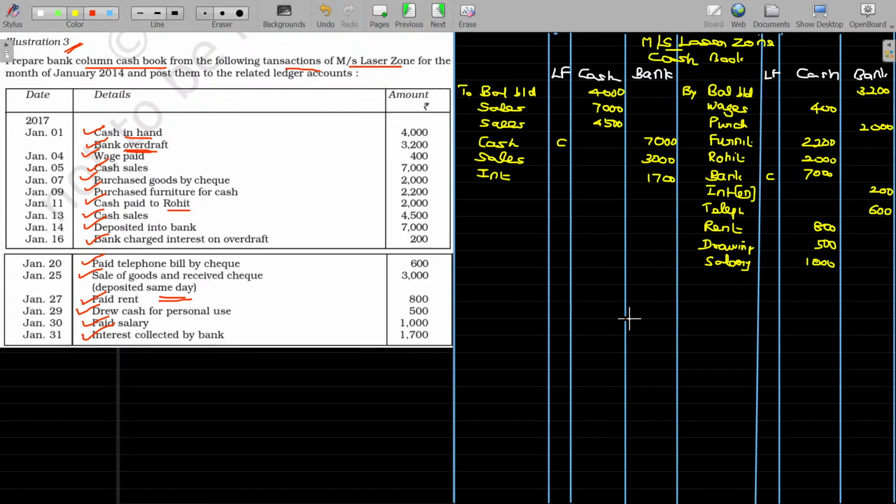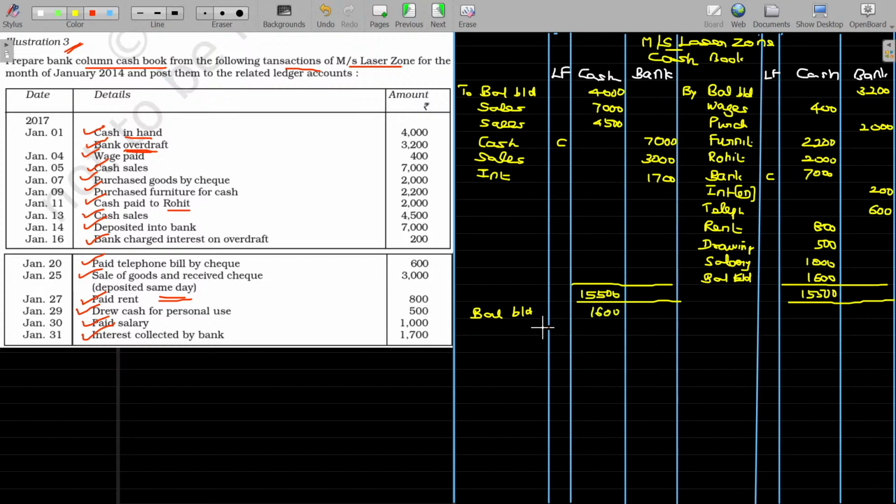I have posted everything. Now I am going to close this. The total of the cash being 15,500, here also 15,500. Then the balance brought down is 1,600.